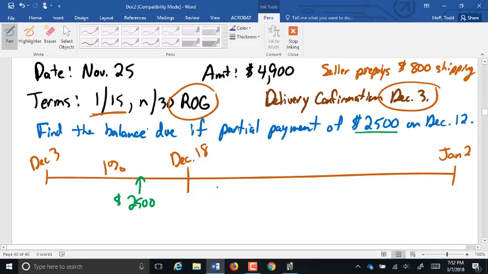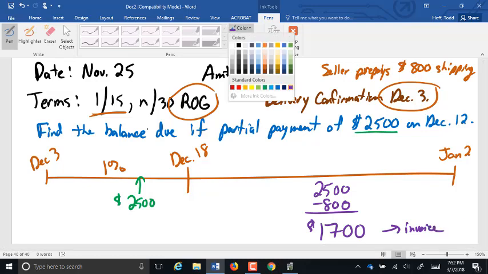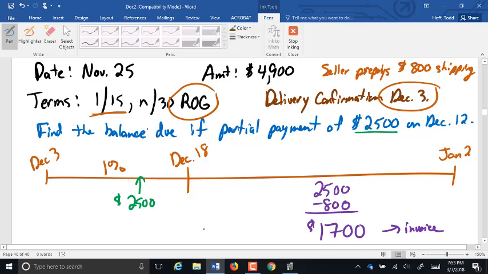What do we do with that $2,500 to start off with? Subtract the freight of $800, which means that $1,700 goes towards the invoice. So now to find the credit amount, what discount did we get? 1%.